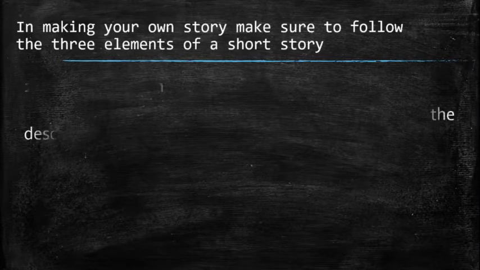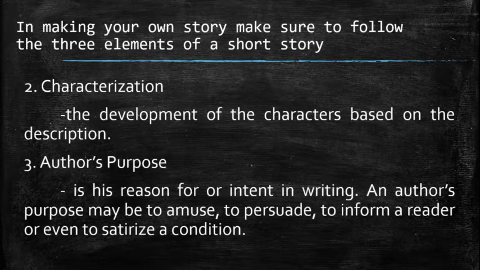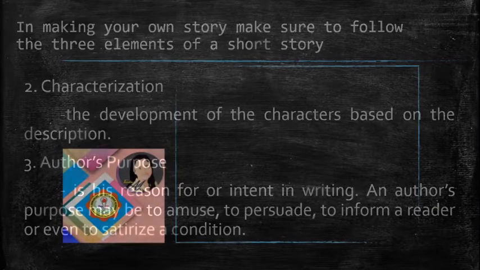You also need characterization, wherein the development of the characters is based on the description, and the author's purpose, the reason for or intent in writing. An author's purpose may be to amuse, to persuade, or to inform a reader, or even to satirize a condition. So it depends upon the author.